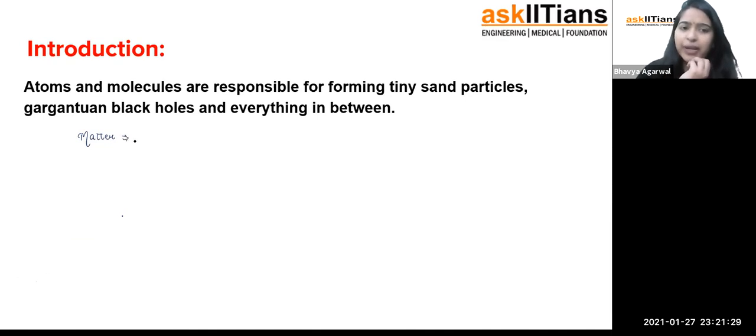From the smaller classes, you've known that everything around you is composed of matter. What exactly is matter? Matter is anything which occupies space and has mass.